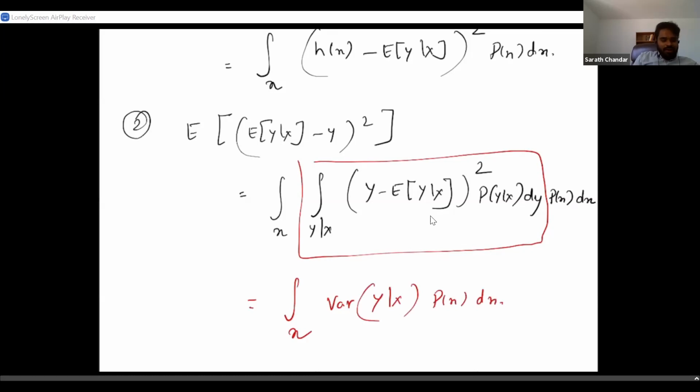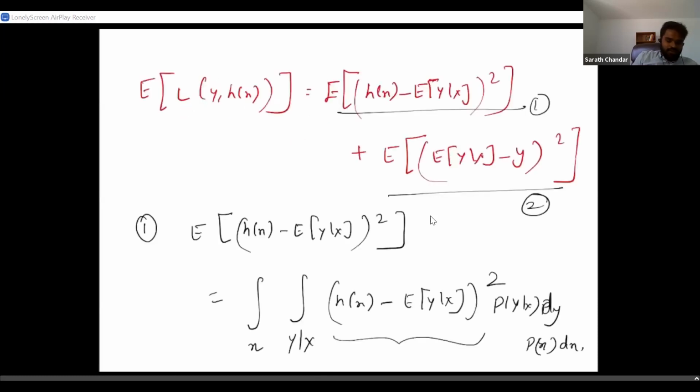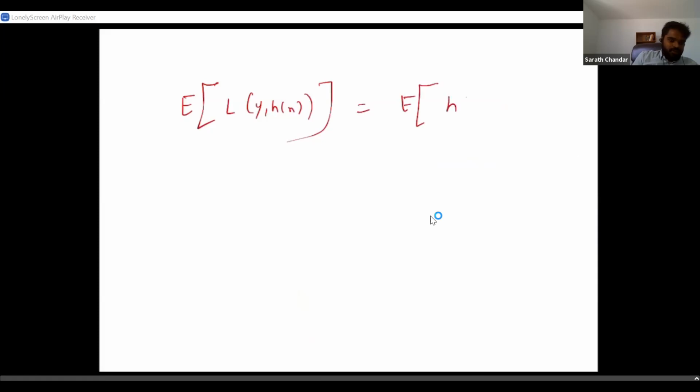Now we did a bit of boring math here, but let me summarize what we have achieved. We started with the expected loss, which is given by the expectation of (h(x) minus y)^2. We did a bit of algebra, and in the end we ended up with two terms.